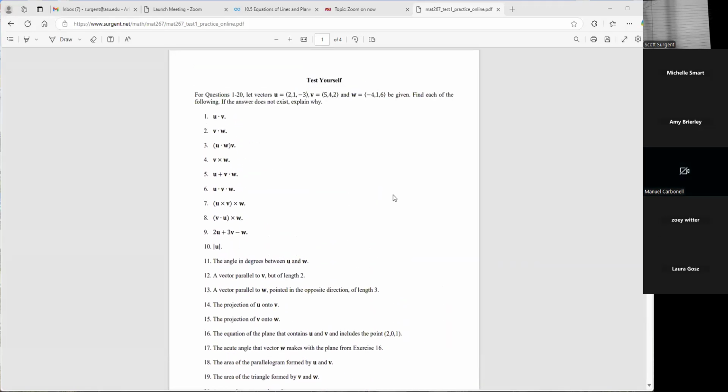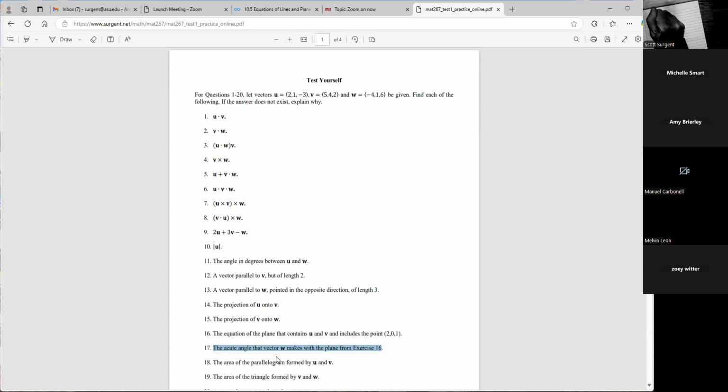Let me get the information here. So the question is number 17. The vector W is given as -4, 1, and 6, and we had to figure out a plane that contained U and V. Let me copy that information. 2, 1, -3 for U. V is 5, 4, 2.